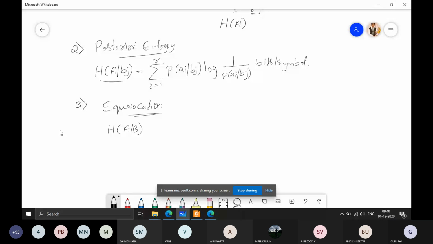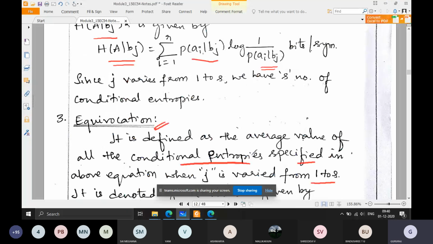But now, since you are considering all the output symbols, it is capital A by capital B. Capital B represents all the output symbols. So this will be equal to, as I told, you have to consider all the output symbols, so then only it is the average.